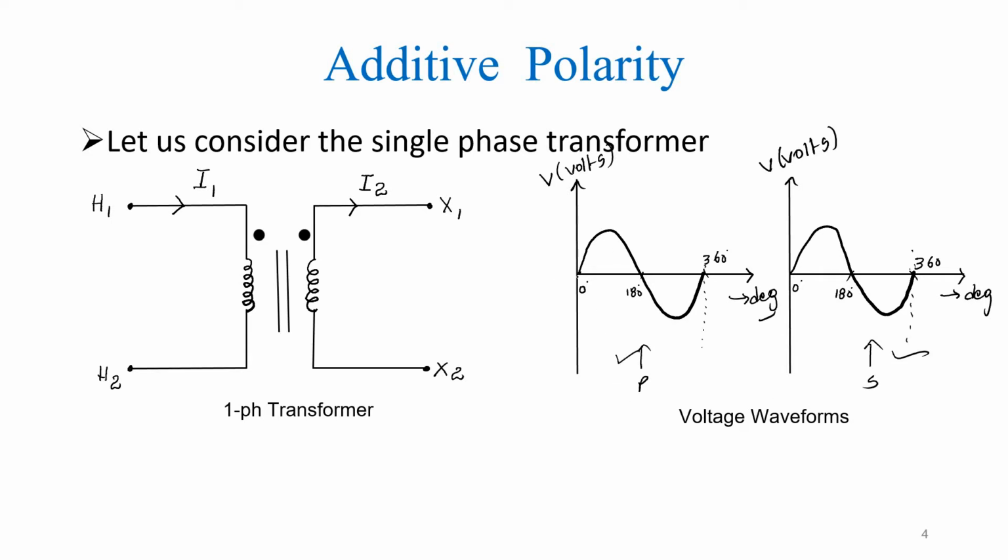You can see it is starting at 0 degrees and going through the zero crossing at 180 degrees, and this is also the same. So both are in phase with each other, and the phase shift at this point will be equal to 0 degrees. So what does that mean? In the additive polarity case, the phase shift between the primary and the secondary winding quantities will be 0 degrees.